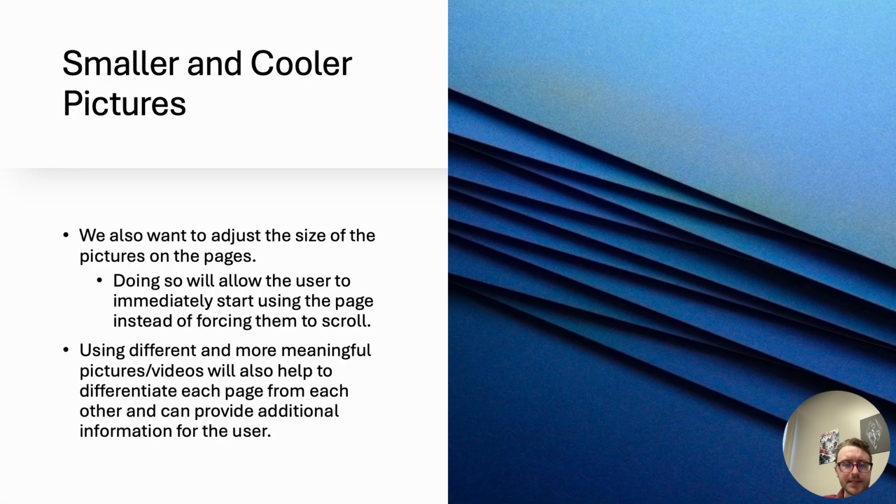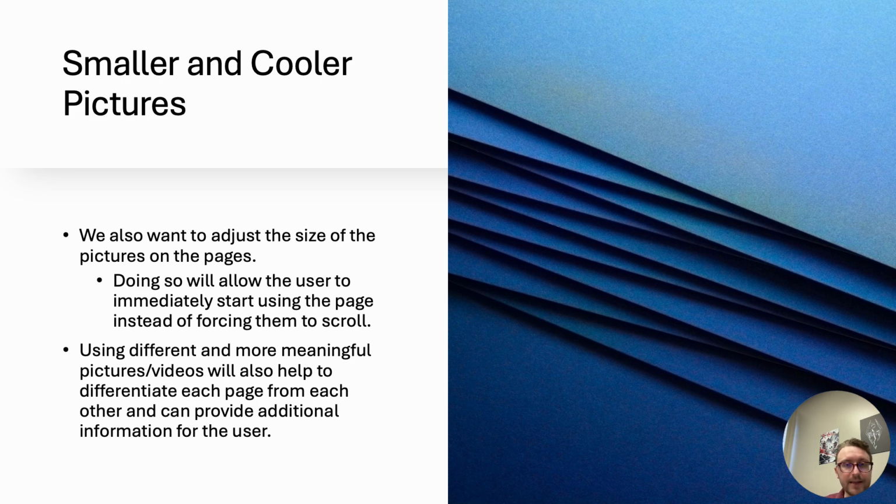Another issue is that we want to use smaller and more distinct pictures. As I've said, many of the images on the website are virtually identical, and it can be extremely difficult to tell one page from a different page. And also, on many of the pages, the picture provides no meaningful information regarding the content.